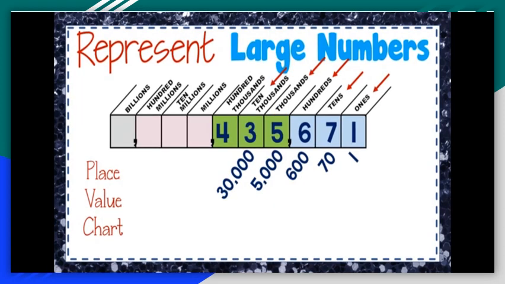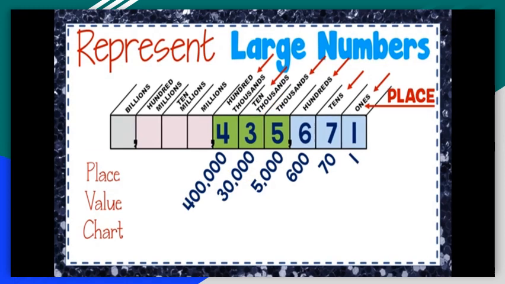Now where is 3? 3 is in the 10,000s place, and the value of 3 is 30,000. Now the 4 represents 400,000 because it is in the 100,000s place.